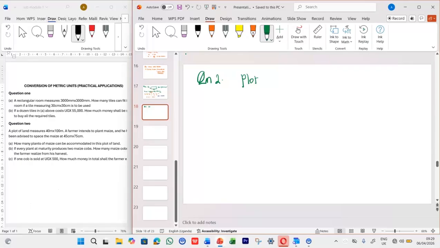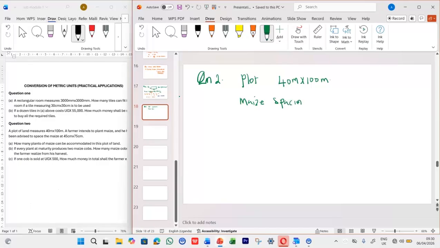The given data: a plot is measuring 40 meters by 100 meters, and a farmer intends to plant maize.